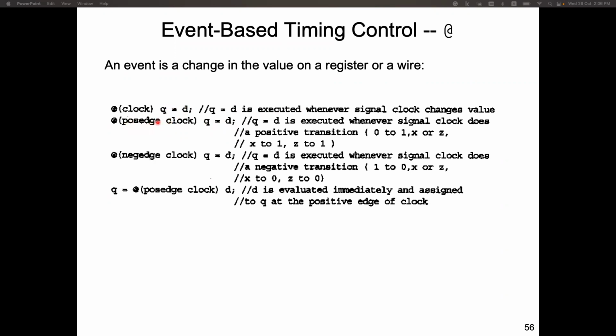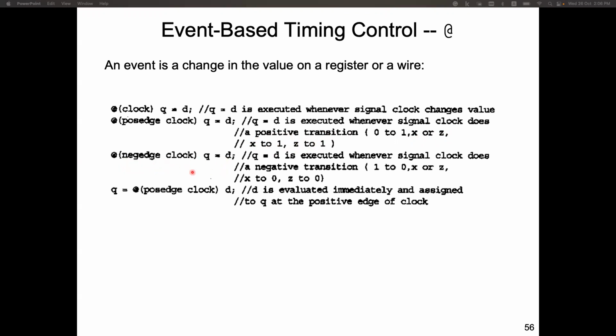A positive transition includes 0 to 1, or 0 to X, or 0 to Z, or unknown to 1, high impedance to 1. And these are treated as a positive transition.